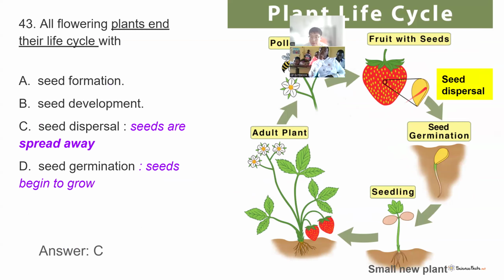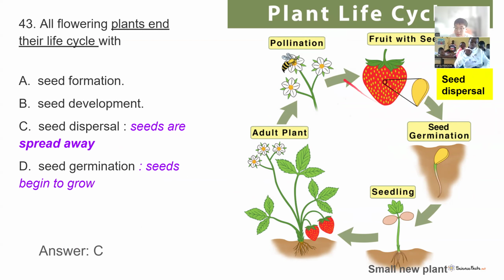And here last time we ended off with seed dispersal as being the last part of the plant life cycle. So the seed, once it lands on a new land, it germinates and grows into a seedling, which is a small new plant.